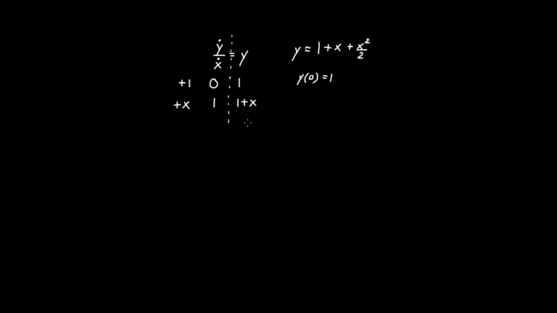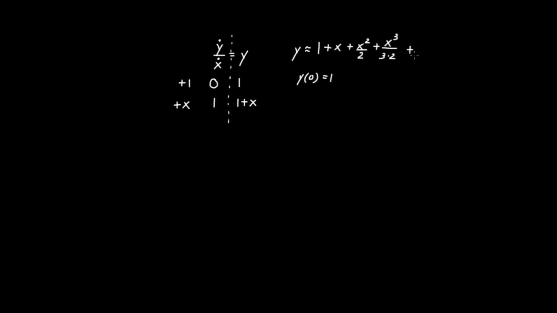Hopefully you can see how this argument is going to start to play out. The next term in this series is going to be given by taking the antiderivative of the term just before it. I got this x by taking the antiderivative of 1. I got the x squared over 2 by taking the antiderivative of x. So I'm going to get the next term by taking the antiderivative of x squared over 2, which is going to be x to the third over 3 times 2.